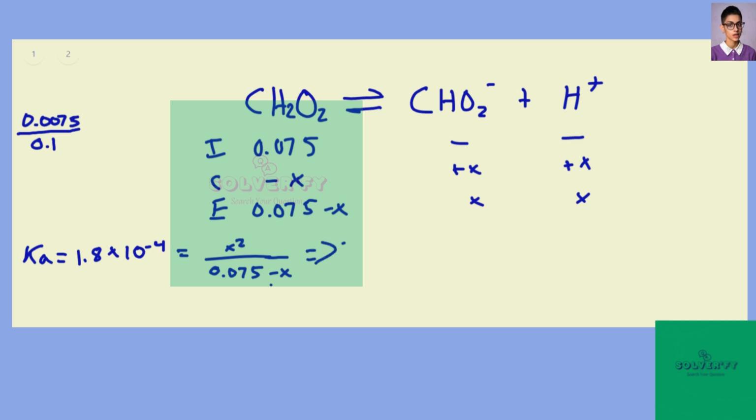So we can simplify by eliminating the negative X, and we can solve for X by multiplying by 0.075 and then taking the square root of the answer to give a value of 3.67 times 10 to the minus 3 molar.